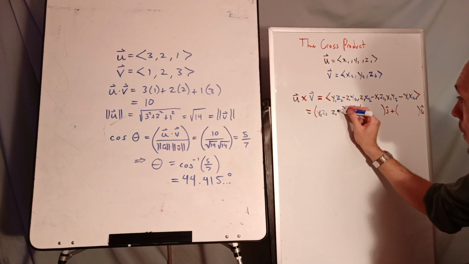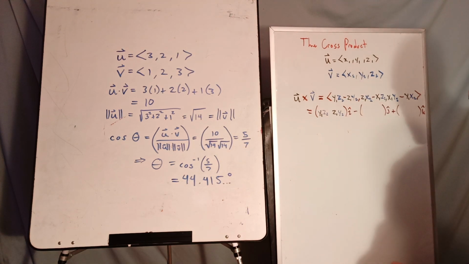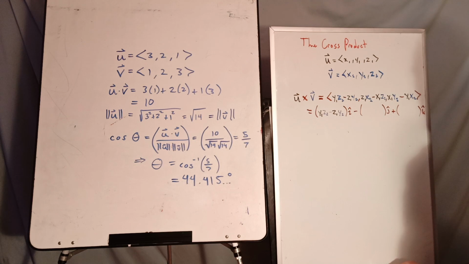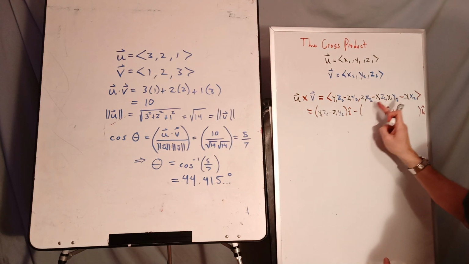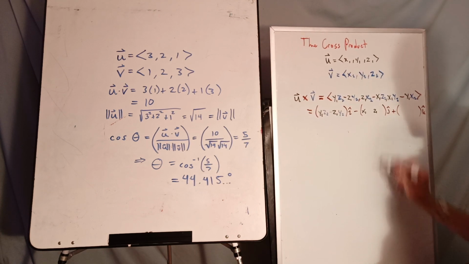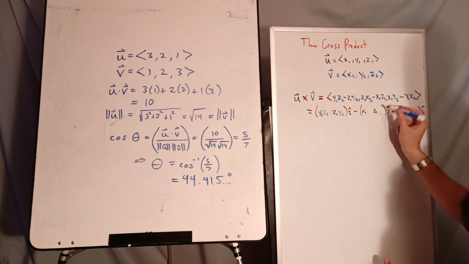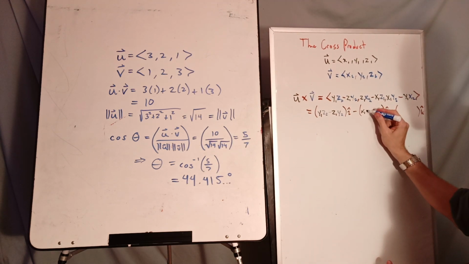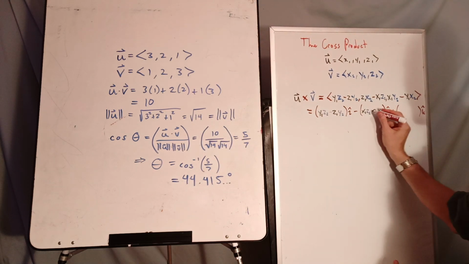For right now, that one stays the same. This one's going to get factored out, and so now I'm going to have the x1 term first, and our x2, and we're taking their difference.